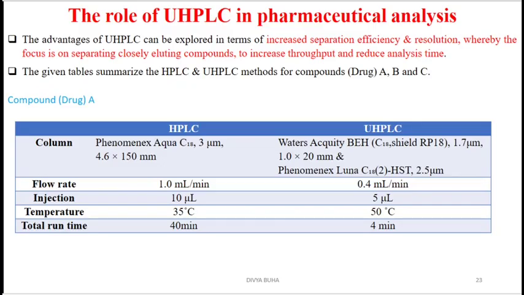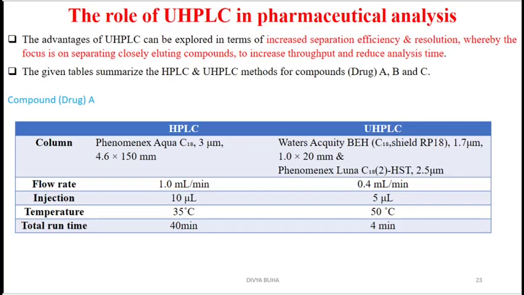So since in UHPLC resolution power is high, the peaks won't get overlapped with each other even though they are close to each other. Whereas if we talk about conventional HPLC, where the resolution power is lesser than UHPLC, if you try to separate closely eluting compounds, then it would be difficult to do so. Why?